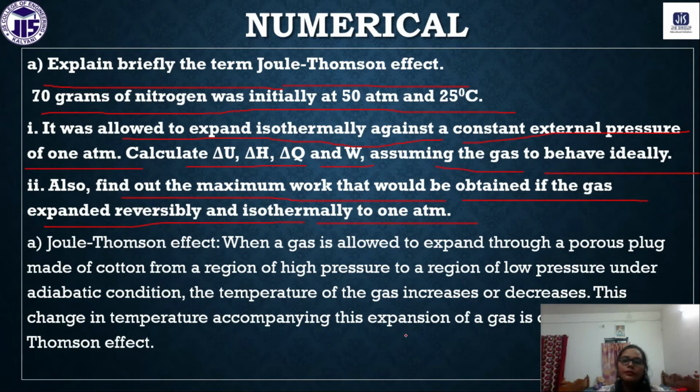We have already told you that the Joule-Thomson effect is when a gas is allowed to expand through a porous plug, like this tube we have, from which the gas is passing through a porous plug, made of cotton, from a region of high pressure to a region of low pressure.